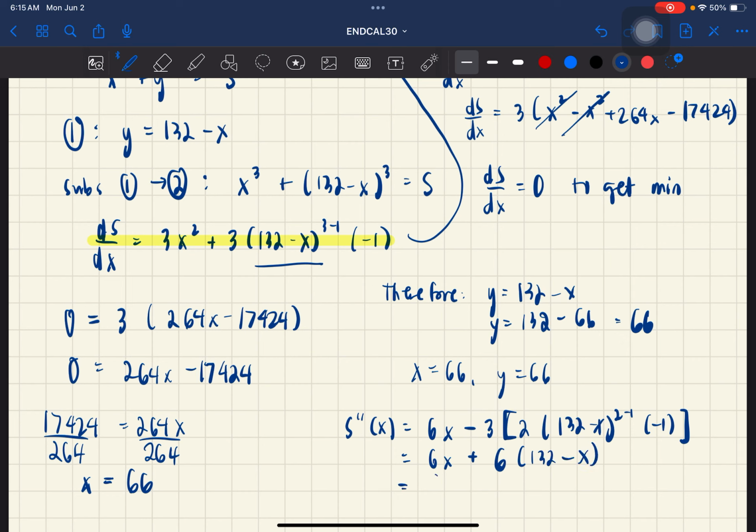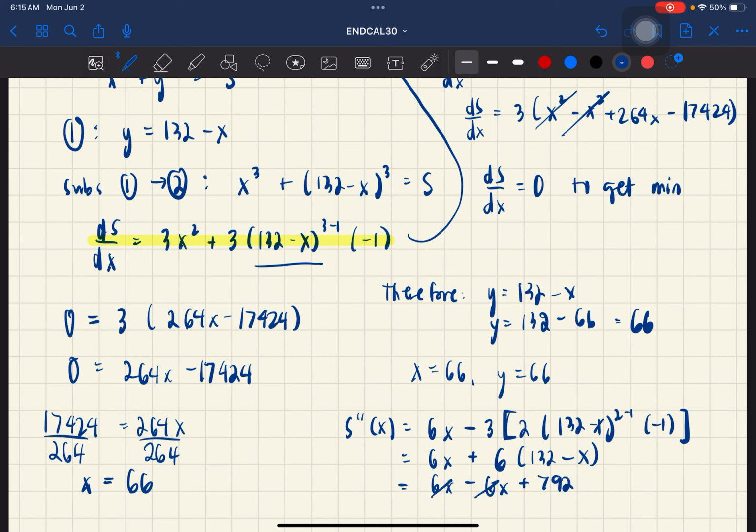We can have 6x plus or minus 6x plus we have 6 times 132. That's 792.